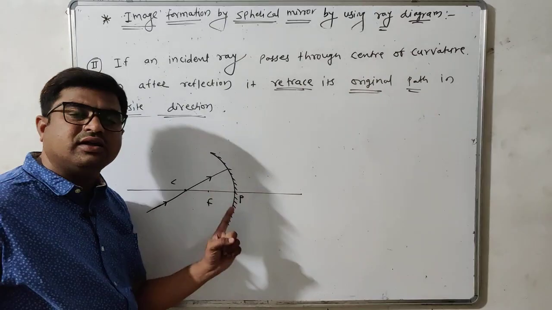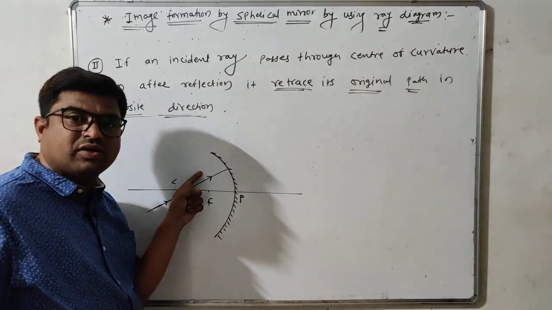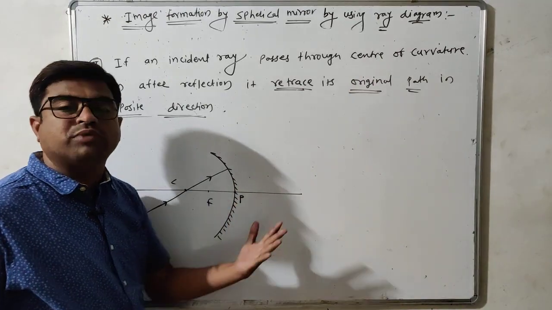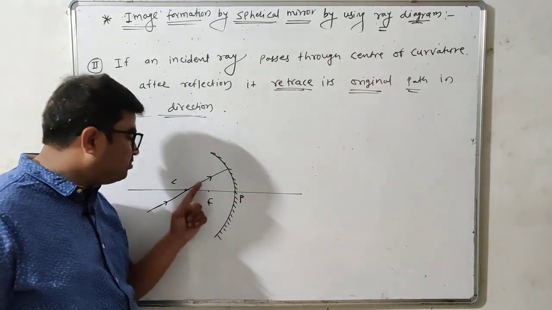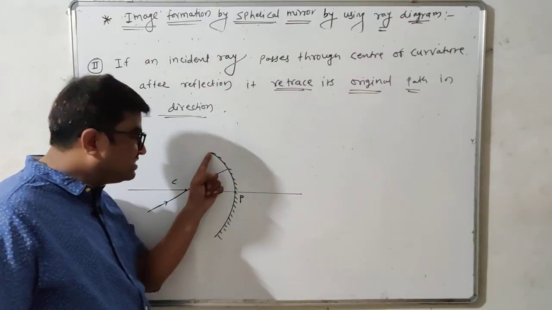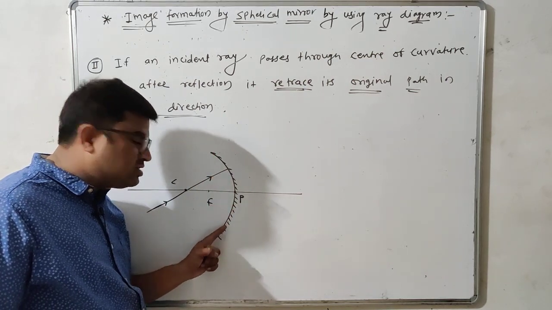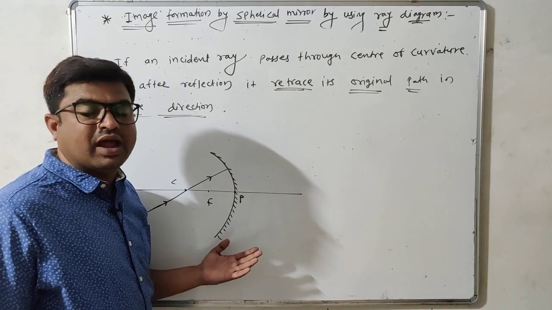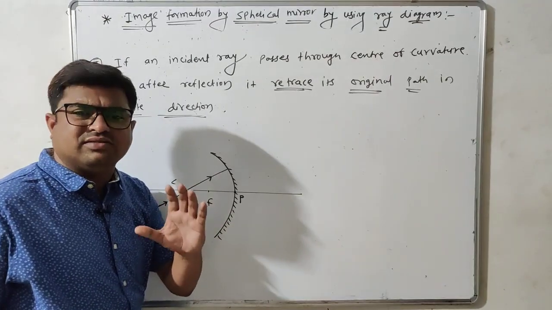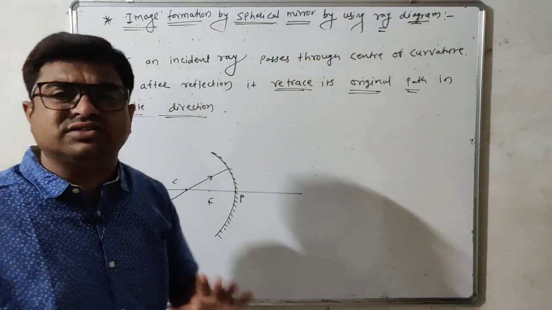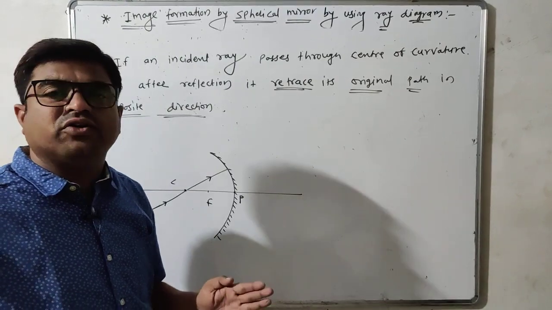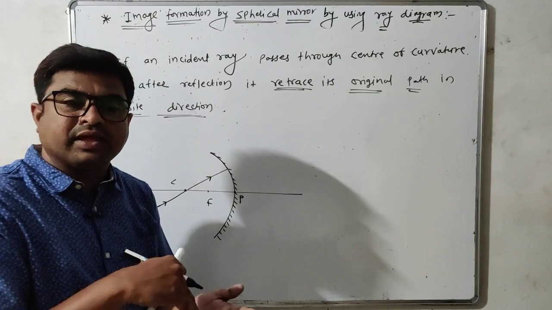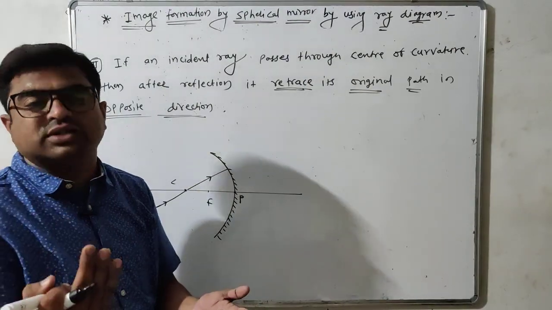As we already studied, the radius of any sphere or circle is always normal to it. That means this ray is incident on the reflecting surface of the spherical mirror along the normal. And as we discussed, if a ray of light is incident on any mirror along the normal, then it will retrace its original path.